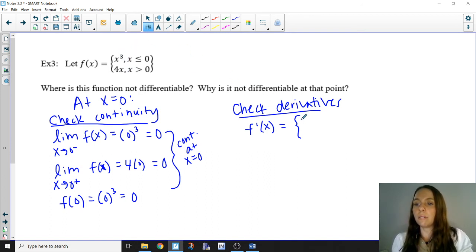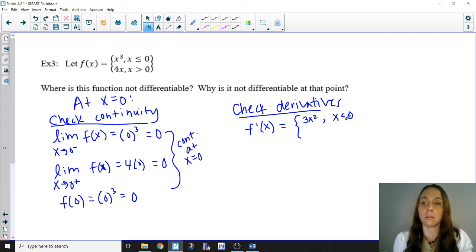The derivative of x cubed is 3x squared. Now, what I'm going to say at the boundary point x equals 0 is for all x less than 0, but I'm going to drop that equals because I'm not sure if the derivative is even defined at x equals 0, so I don't want to bring along the equal sign. On the other side of x equals 0, the derivative of 4x is just 4, and that is for all x greater than 0.